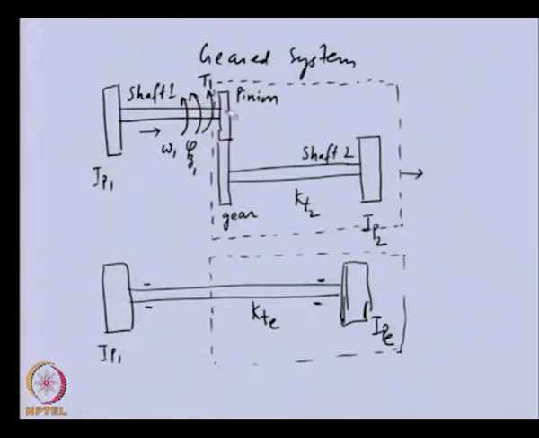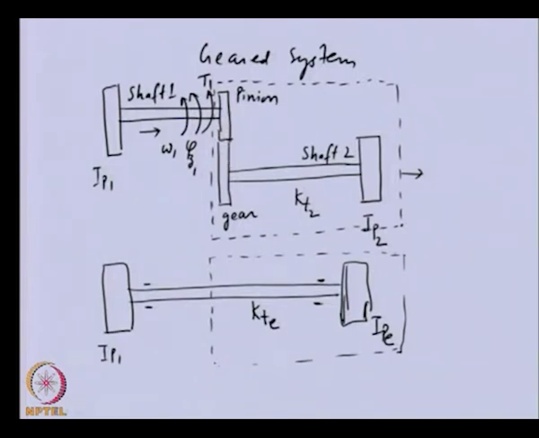We are not considering the polar moment of inertia of these gears, we are neglecting them. If we want to consider them, additional polar moment of inertia will come here, giving a 3 degree of freedom system instead of 2. For simplicity, we ignore this at present, but it can be added subsequently.